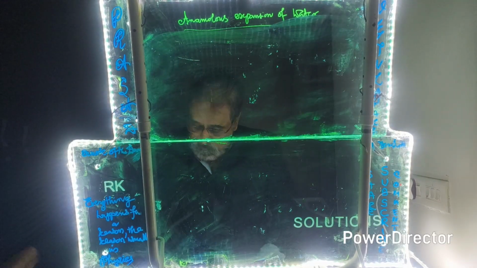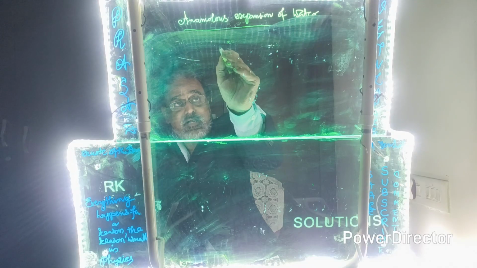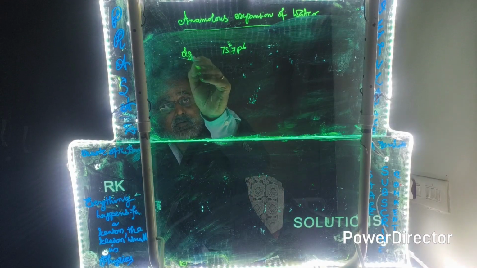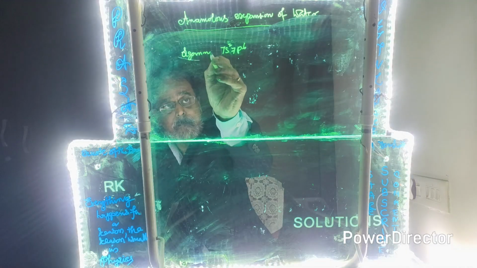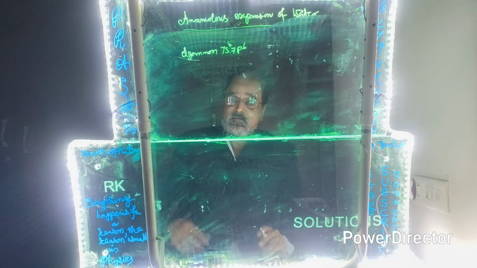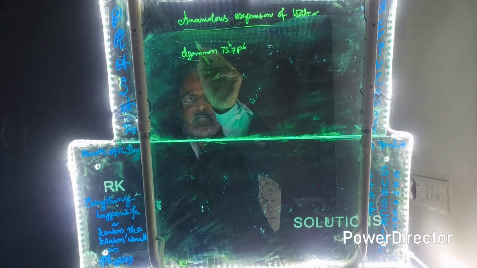We have covered till 7s2, 7p6. This is called oganesson, I think. I don't know. That's the 118th element.